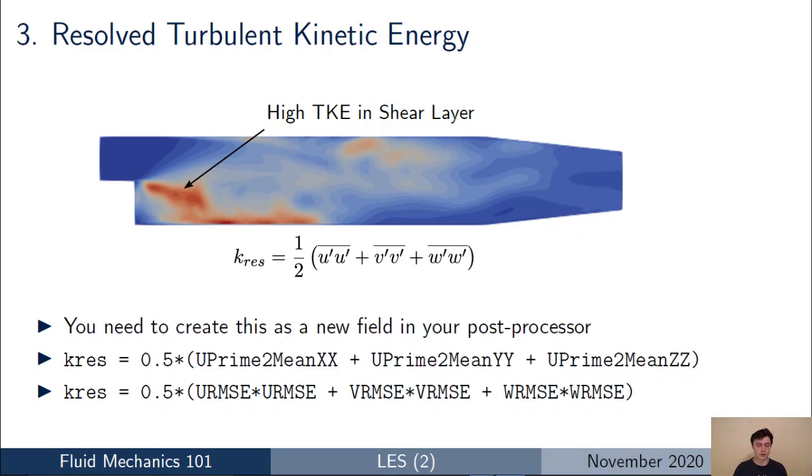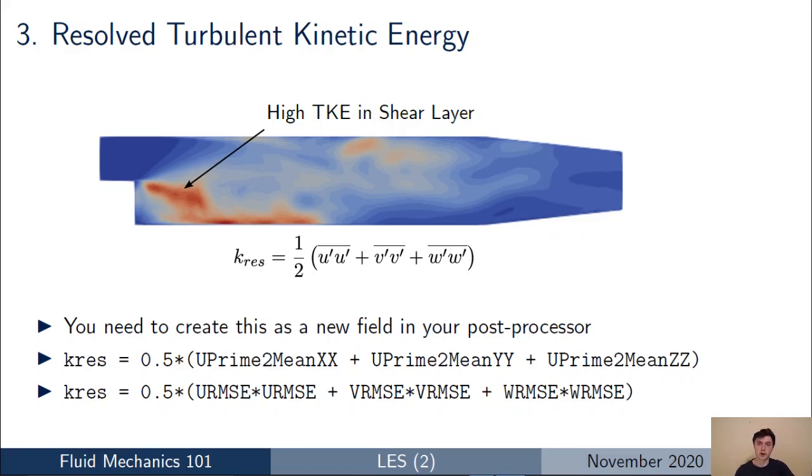So now that we've been through the theory, you can open up your post processor and very quickly calculate a new field, which is the resolved turbulent kinetic energy. As a new field, you can of course plot it as a contour plot. Depending on your post processor will depend on how you calculate this field.